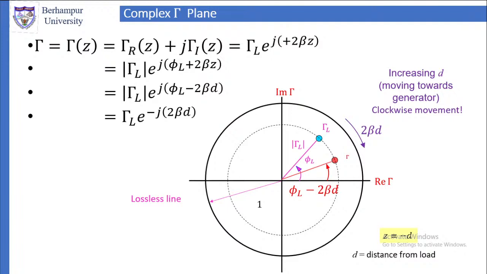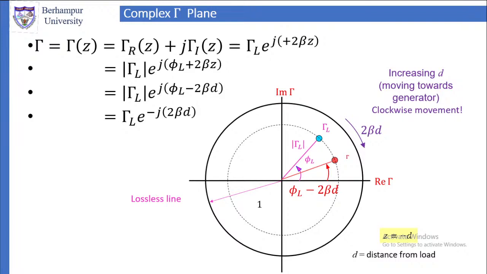Remember, in the complex gamma plane, gamma is the reflection coefficient. If a reflection coefficient point is given to you, you can always draw it. Everywhere on the dotted circle that you have drawn, the absolute value of gamma L is fixed.